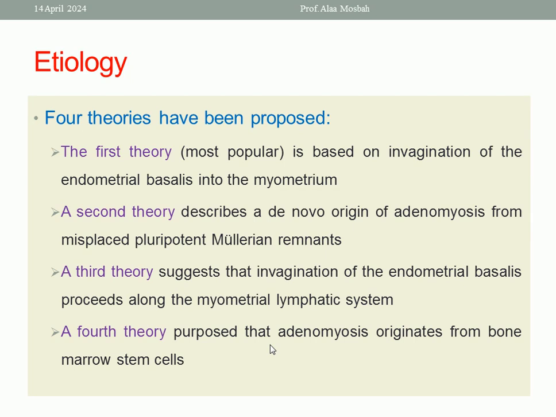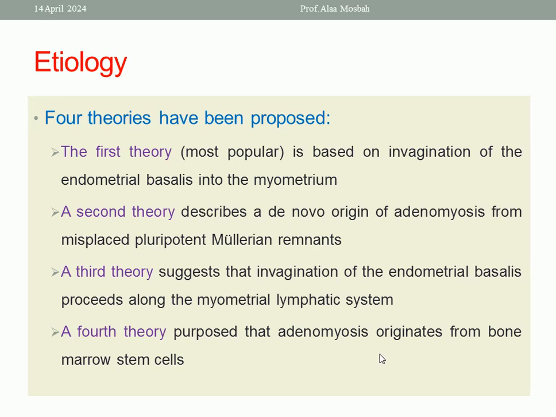The first theory, which is the most popular one, is based on invagination of the endometrial basalis into the myometrium due to defect or weakness at this junction. Weakness may be due to trauma from childbirth or D&C or whatever, or inflammatory reaction. So the first theory is invagination of the endometrial basalis into the myometrium due to defect or trauma at the junction between the endometrium and the myometrium.